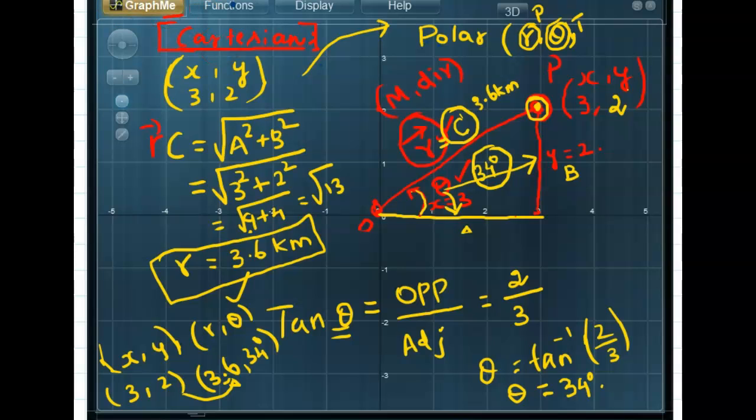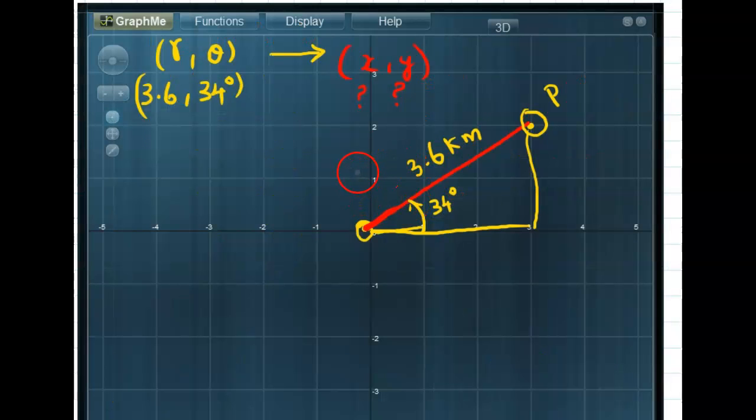How? Here we are using the same values: the polar coordinate position vector, 3.6 kilometers from origin to the point P, and the angle is here 34 degrees, as we finally got the value after the calculation in the previous question.